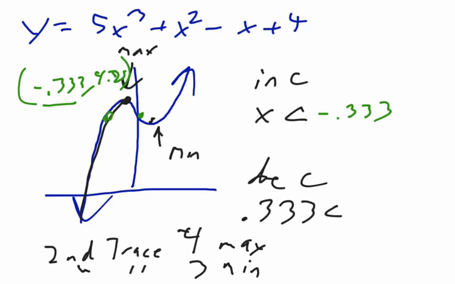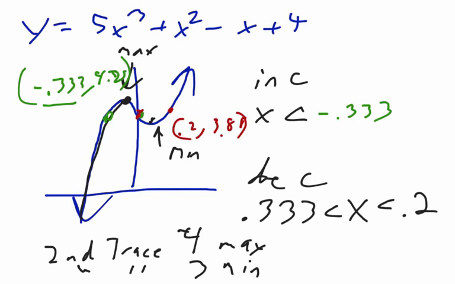And so we pick a point to the left, pick a point to the right, and then we hit enter a third time, and we get the fact that this is at 0.2, comma 3.88. Now remember, I'm only worried about the x value, so that means it was decreasing in between negative 0.333 and 0.2.